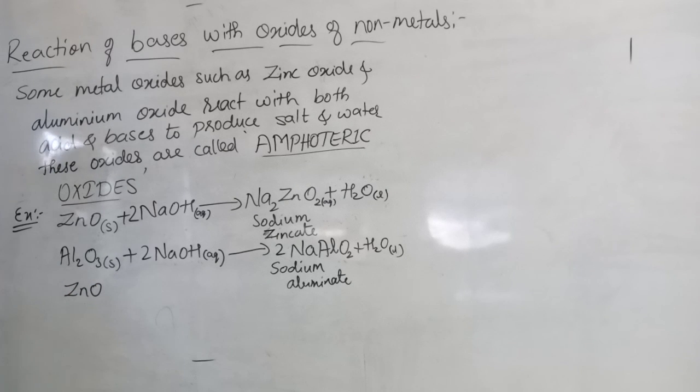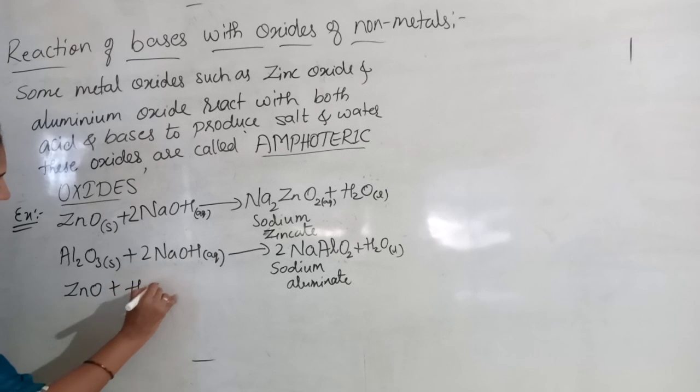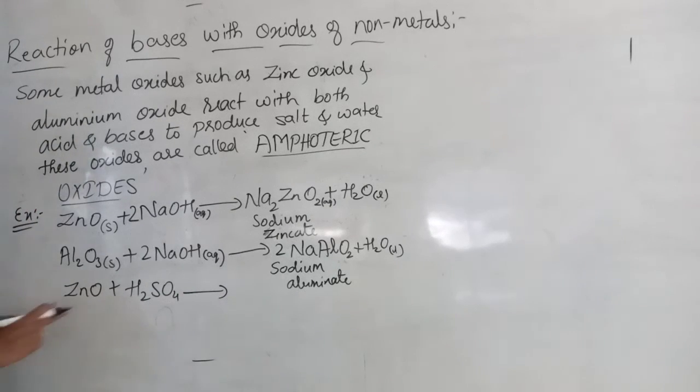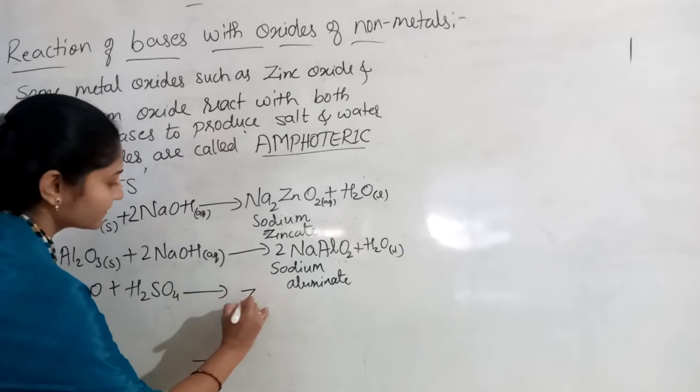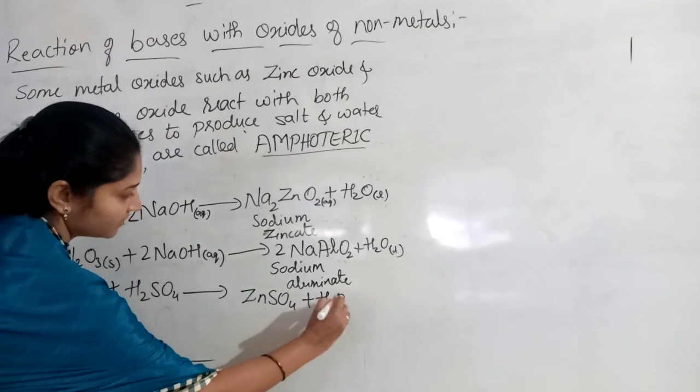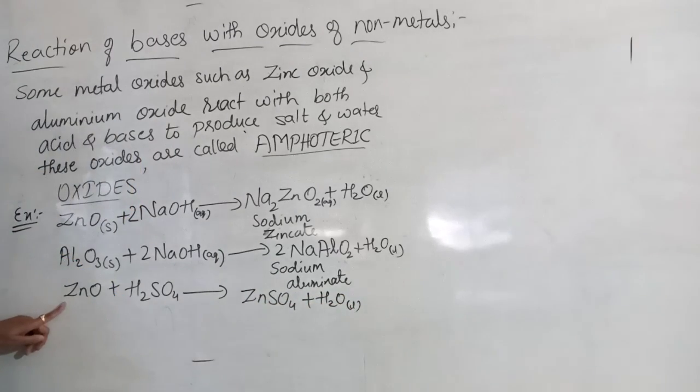Zinc oxide plus H2SO4: how do we write it? Zinc sulfate, ZnSO4, plus water, H2O. Like this you can write.